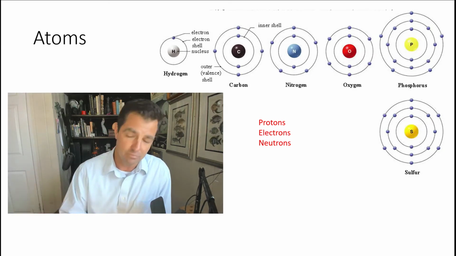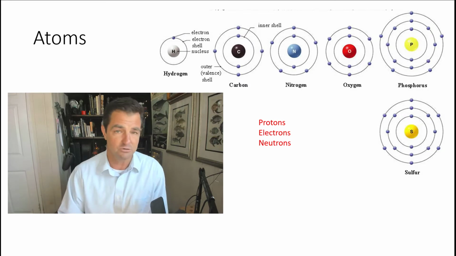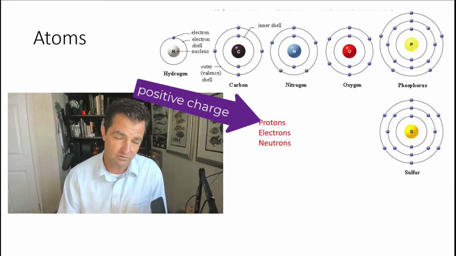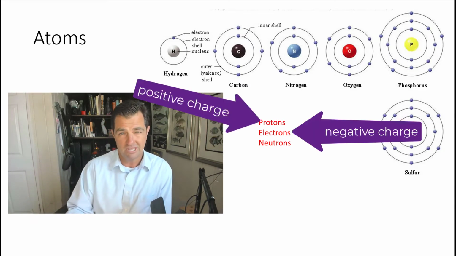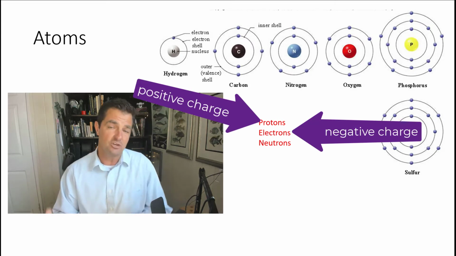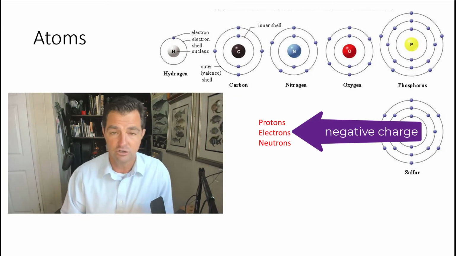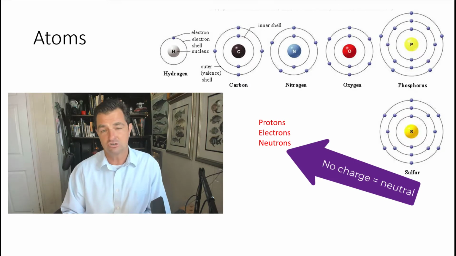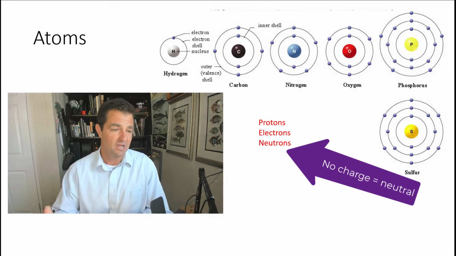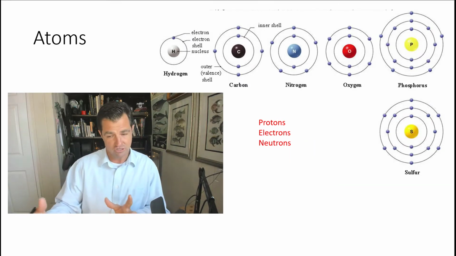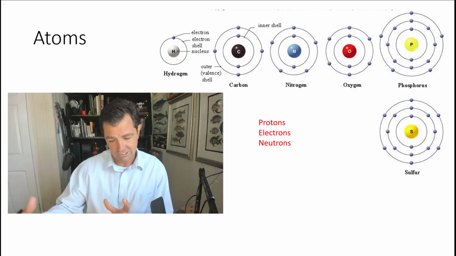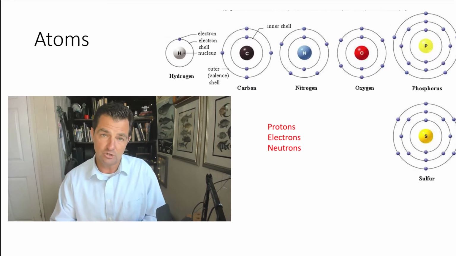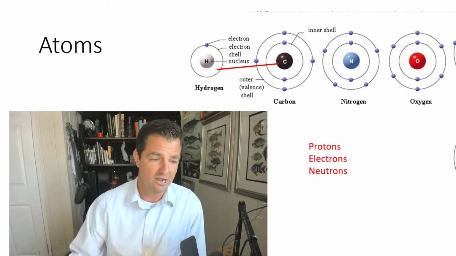And the protons are subatomic particles with a positive charge. The electrons are subatomic particles with a negative charge. And then the neutrons are, well, they're neutral. And the protons and neutrons are in the center of the atom, and the electrons are sort of pulled towards what's called the nucleus of the atom, where the protons are located.